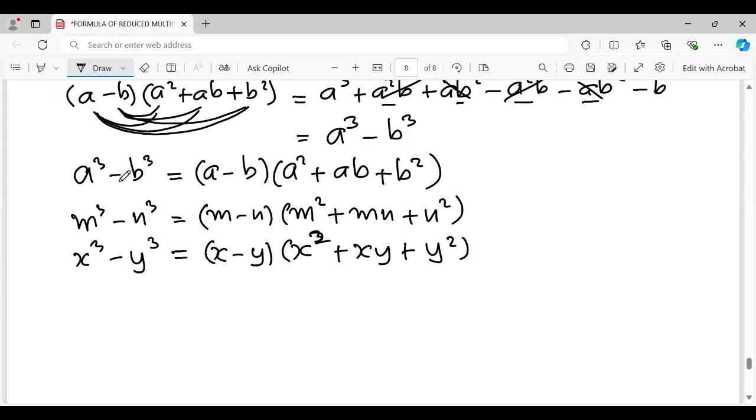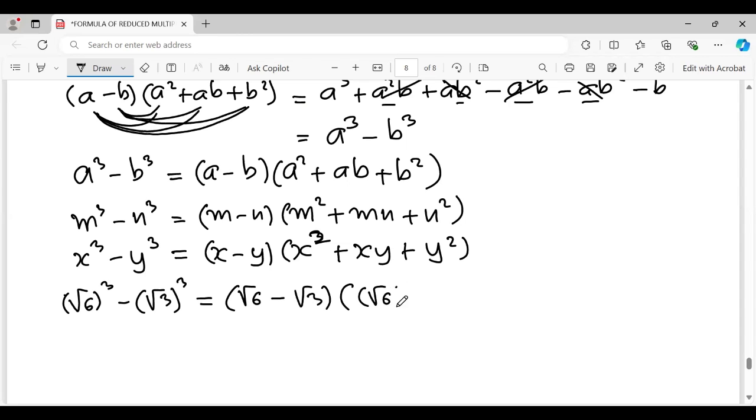Next, how about if square root 6 cube minus square root 3 cube? Based on this conclusion, we can state it as (square root 6 minus square root 3) multiply (square root 6 squared plus square root 6 multiply square root 3 plus square root 3 squared).